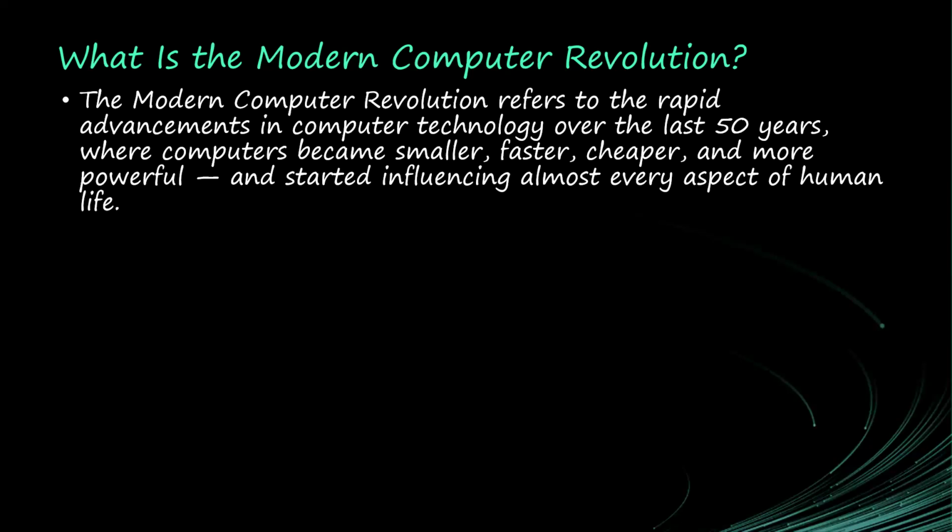Computer technology has advanced so much that humans can't do without computers anymore. It has affected human life. It has made people lose their jobs. It has made people get smarter. It has done good and it has done bad. That's what the computer revolution is all about.